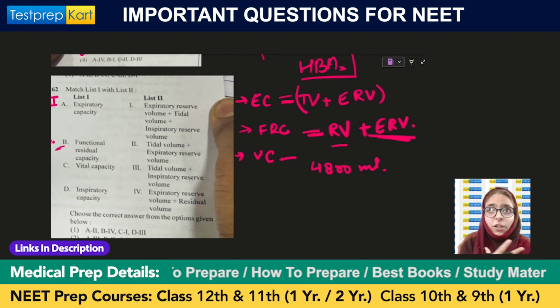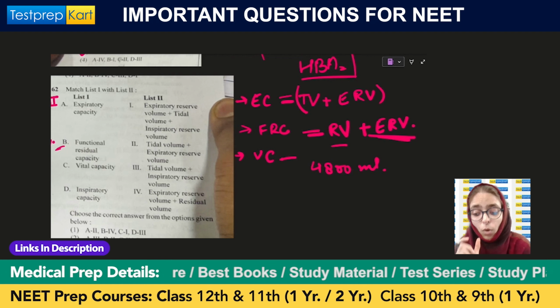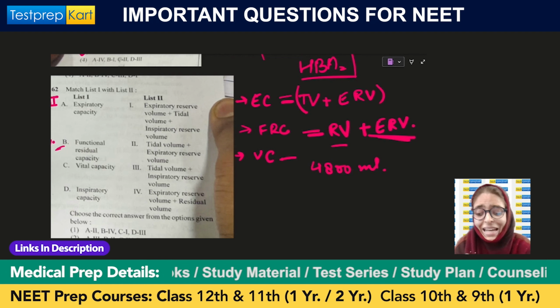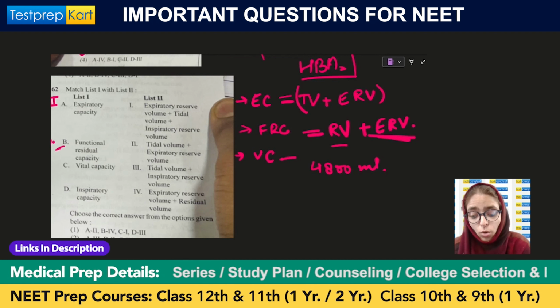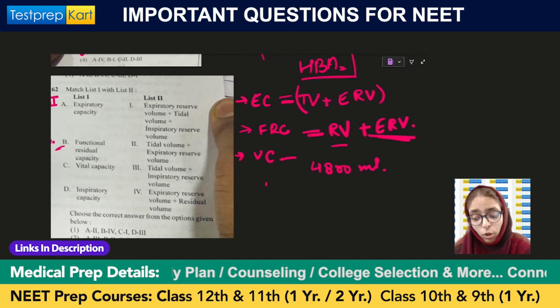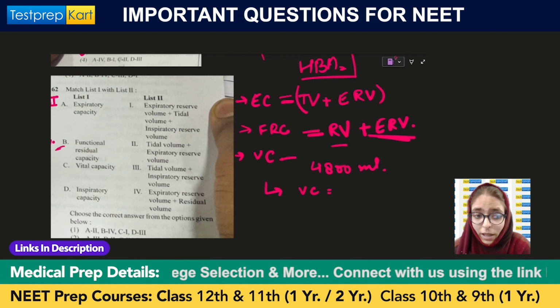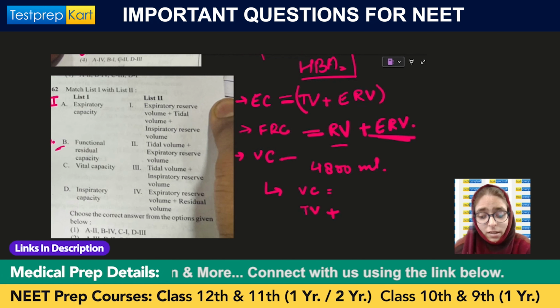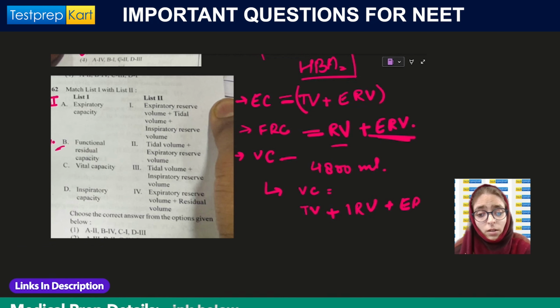It's not defined for every age and every body size; it's according to the age and the body size. It can be calculated when we sum the tidal volume. So its formula is VC equal to TV, the tidal volume, plus the inspiratory reserve volume, plus the expiratory reserve volume.